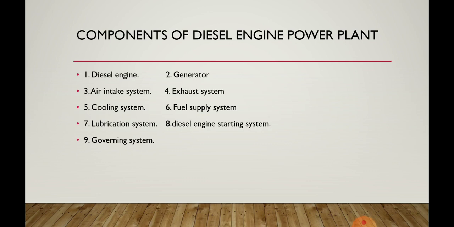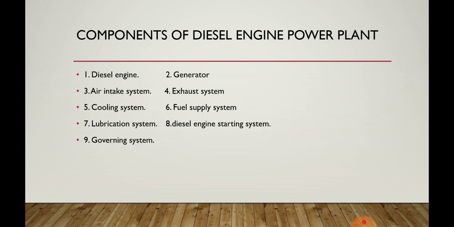Sometimes small units are started by means of handles or manually, or in larger units we use compressed air for starting. So the high pressure air is admitted into a few cylinders, making them act as reciprocating air motors to turn the engine shaft over, and the fuel is admitted to the remaining cylinders, which helps the engine to start using its own power.